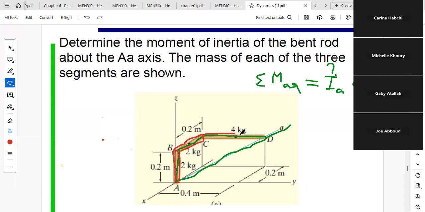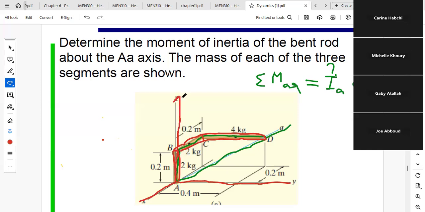If you want to get the inertia by integration, it will be complex. So to get the inertia in a simple way, you can say these 3 rods, one is parallel to the z-axis, one is parallel to the x-axis, and one is parallel to the y-axis. So it will be easy for me to determine the inertia tensor of this system with respect to the frame x, y, and z.